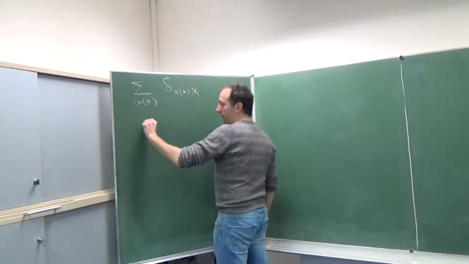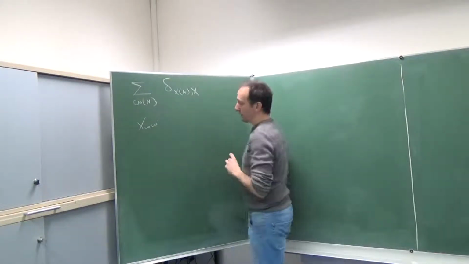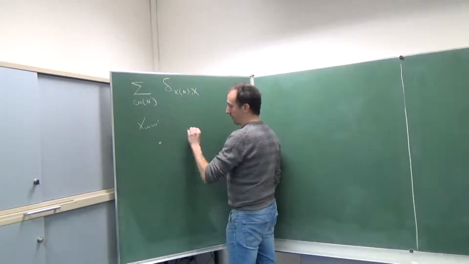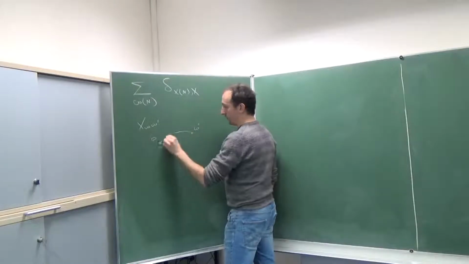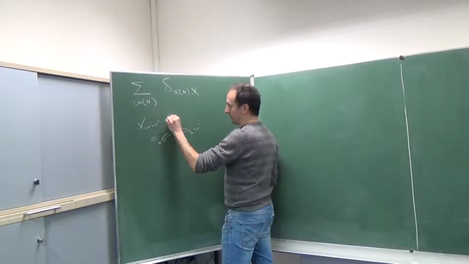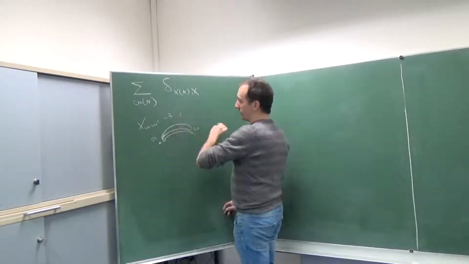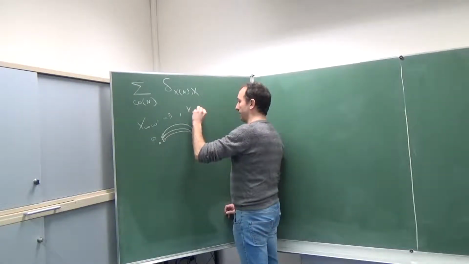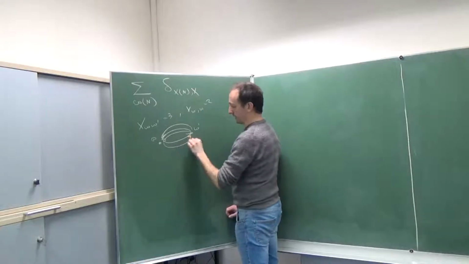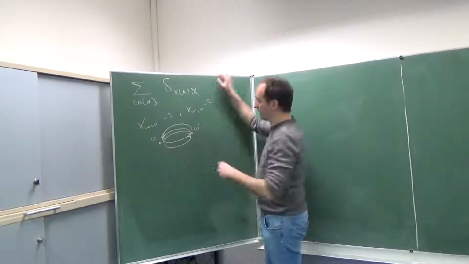So we can represent this as follows. Suppose for each x omega omega prime, let's draw one arrow from omega prime to omega, and let's give it a direction. So for example, if this is 3, we draw 3 arrows like this, okay? Of course, we also have omega prime, omega. If this is 2, we draw 2 arrows like this. And so on, we do it for all omega, omega prime, okay?